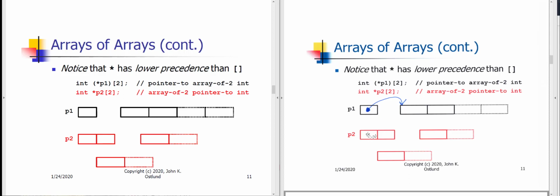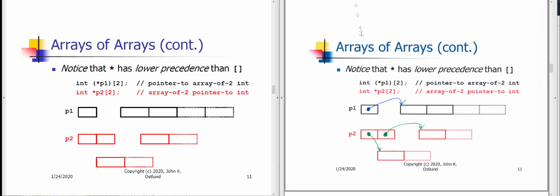So we have basically a couple of random pointers to ints in P2. However, they do point somewhere. So we can imagine these random pointers pointing off into memory someplace. And so they point to an int. If we add 1 to the pointer, we get a pointer to the next int, and so on.